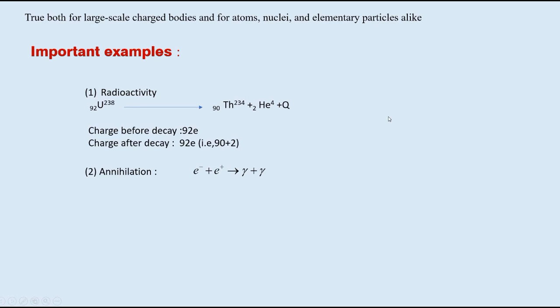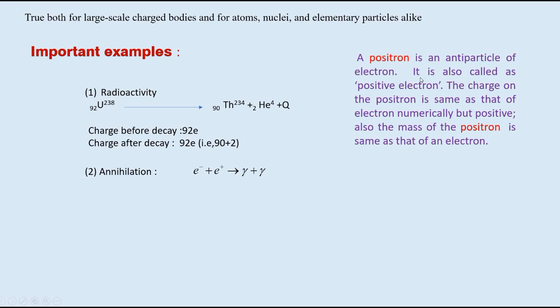See here, a positron is an antiparticle of electron. It is also called positive electron. Sometimes you use this wording, positive electron. Charge on the positron is same as that of the electron numerically, but positive. Also the mass of the positron is same as that of an electron.